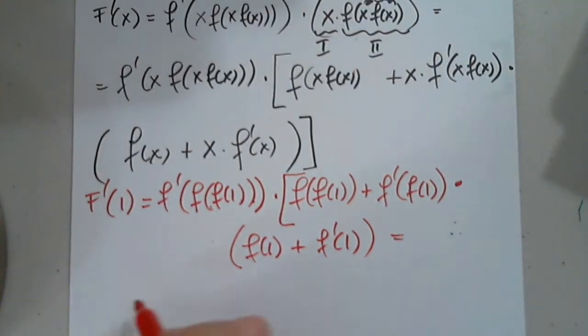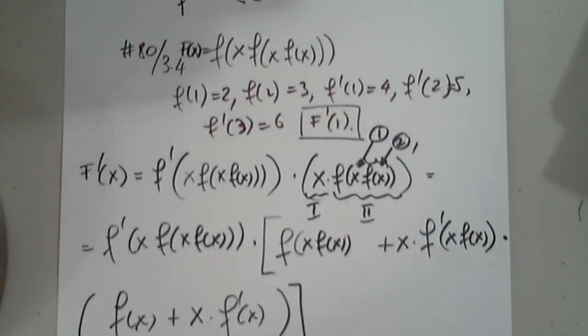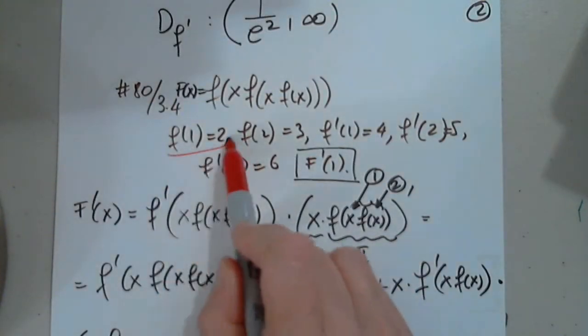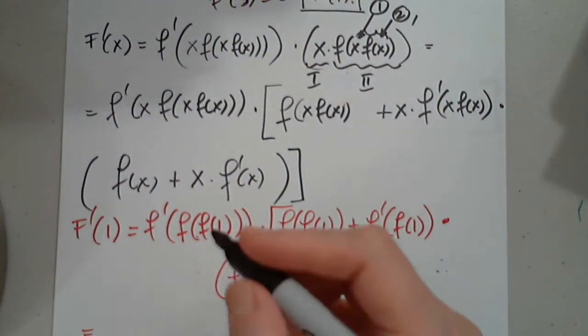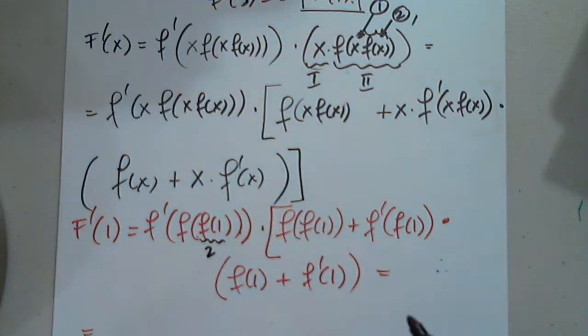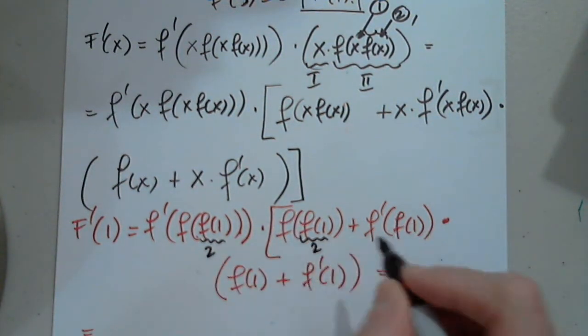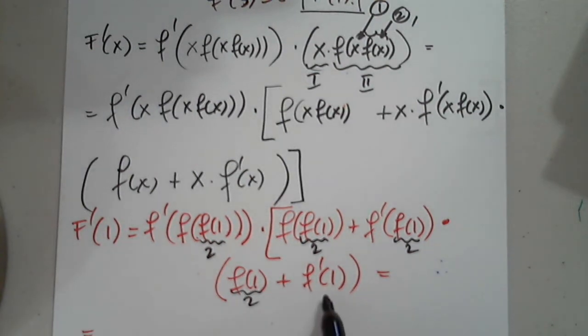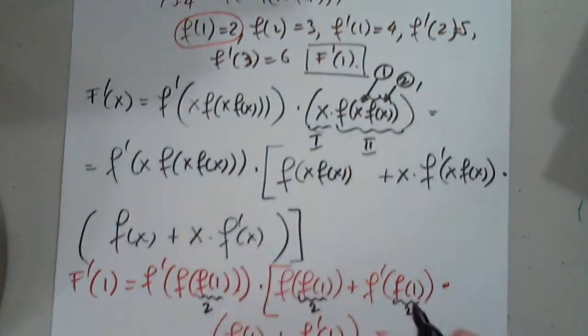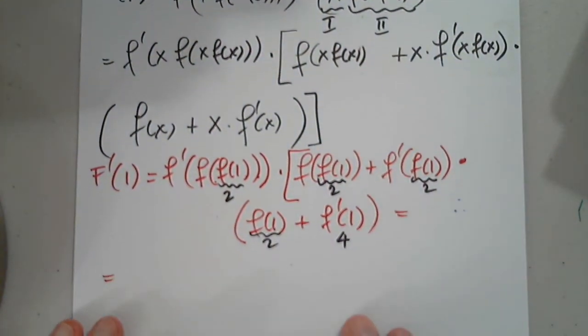Okay. So, go back. f prime of 1 is 2. So then this piece is 2. This piece is 2. This piece is 2, but f prime of 1 is 4. Okay.